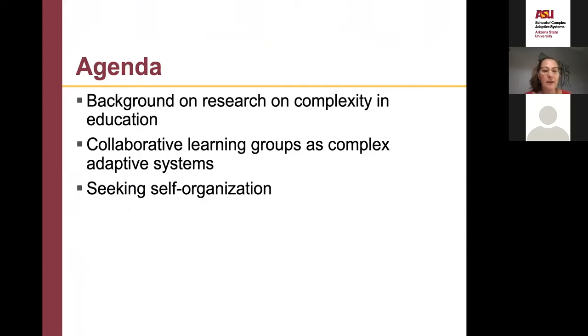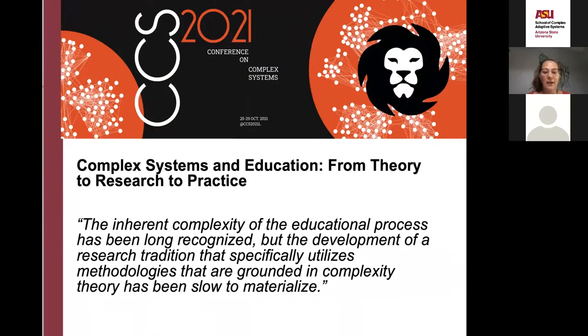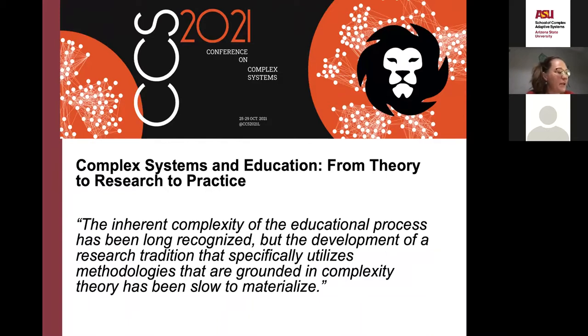I'm going to talk a little bit about just some background research on complexity in education more generally, and then begin looking at collaborative learning groups as complex adaptive systems, and then talk a bit about how me and some of my colleagues have been looking at seeking self-organization in small learning groups. I want to quickly mention that the CCS just yesterday had a sub-satellite conference on complex systems in education that they've been having for a while now.